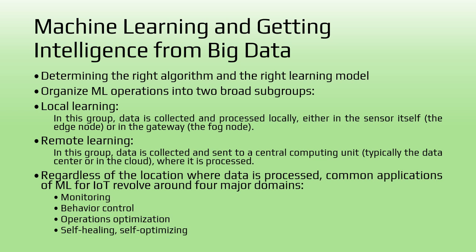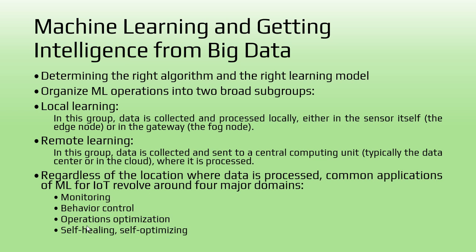Now, regardless of the location where the data is processed, the common applications of machine learning for IoT revolve around four major domains. So what we are trying to understand here is the machine learning applications for IoT. With respect to IoT infrastructure, now we are focusing on ML applications.